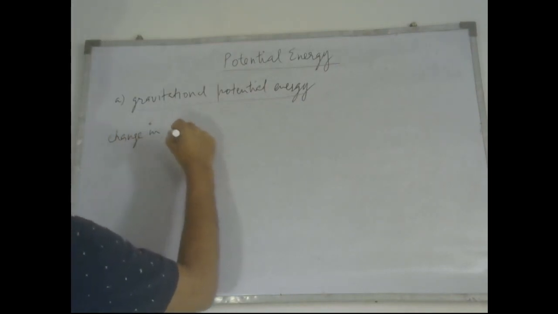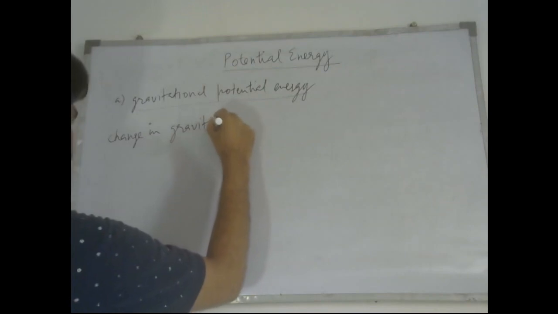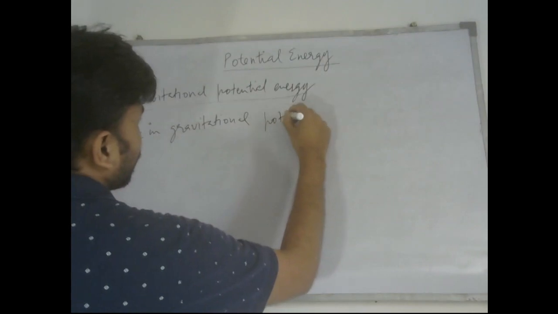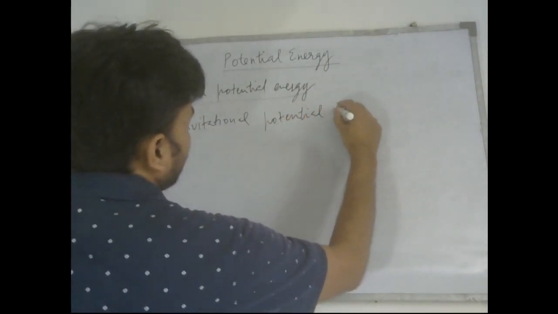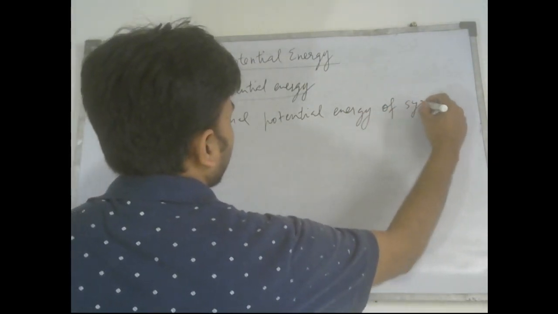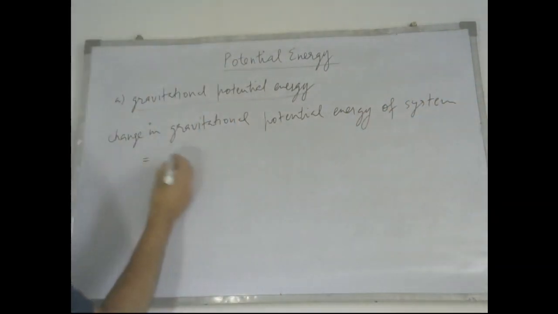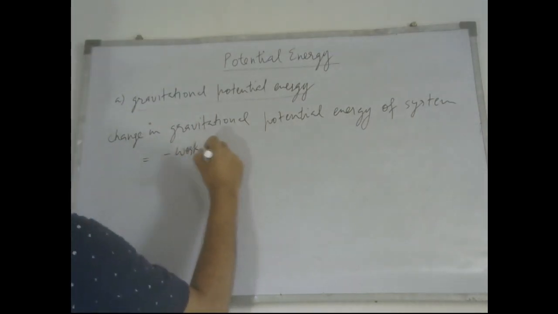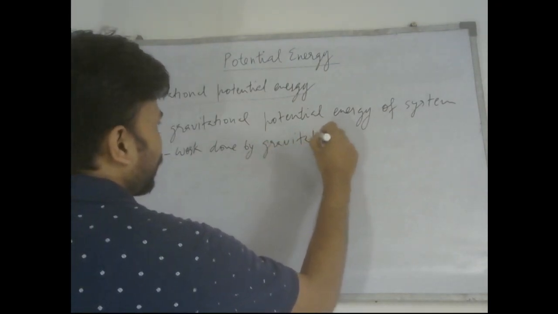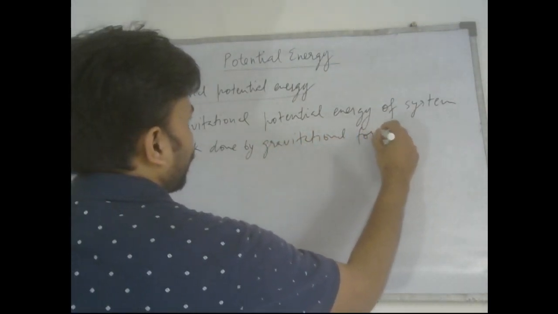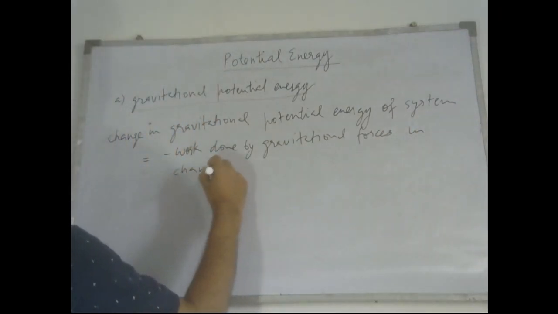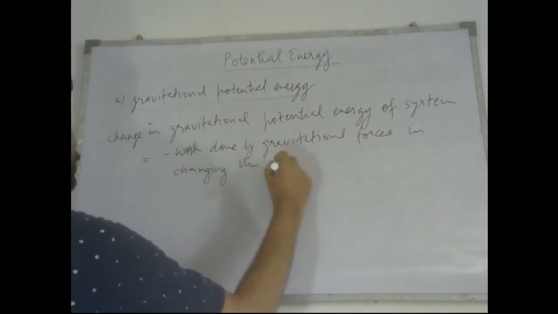in gravitational potential energy of a system is equal to the negative of work done by gravitational forces in changing the system.